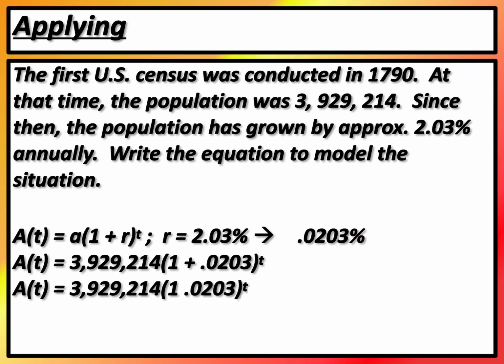Okay, so instead of 1 plus, just make it 1 point. But that is your entire equation. So rate problems are actually a lot easier than non-rate because there's no solving in order to get the equation. Now, if they then asked you to predict a future value, you'd have to do a little bit more.